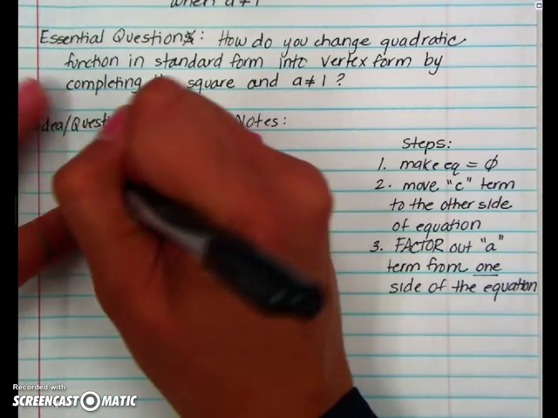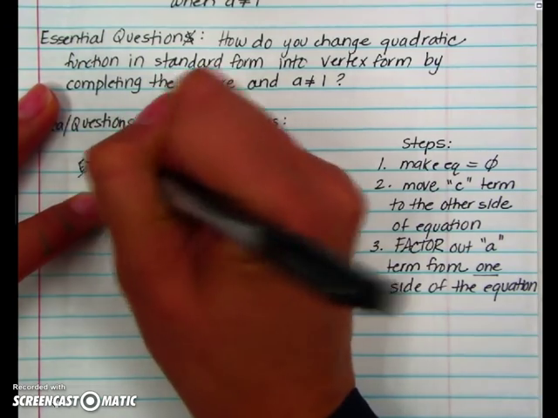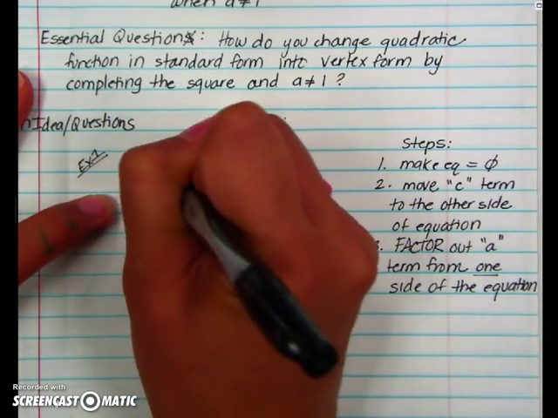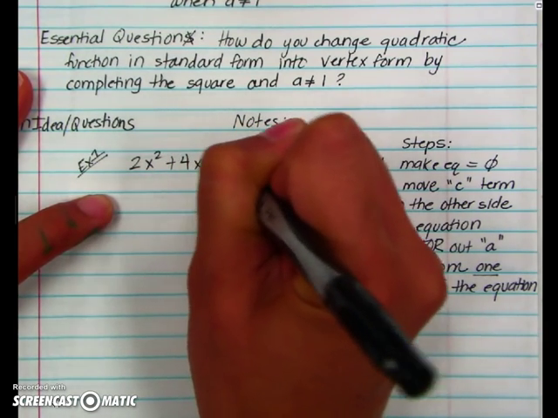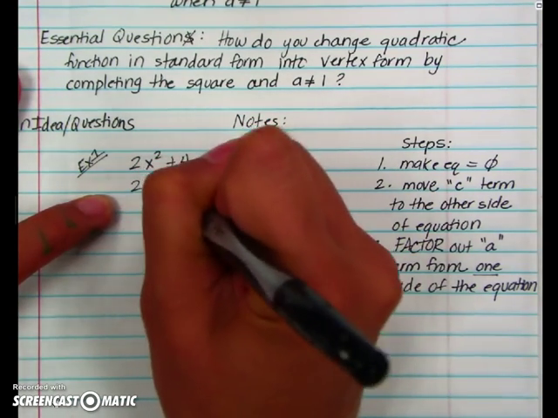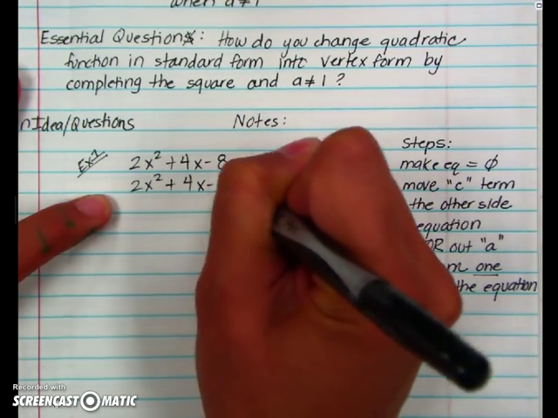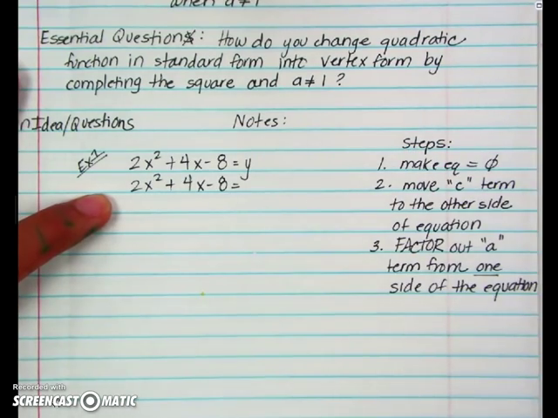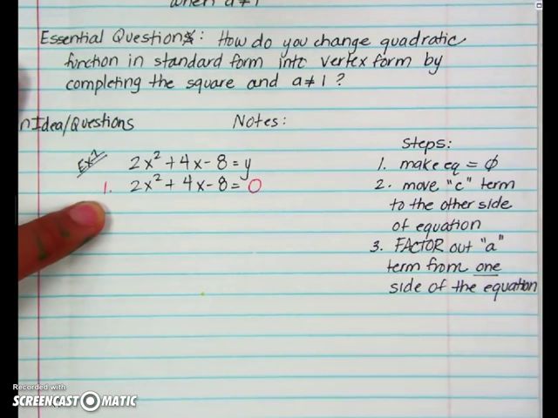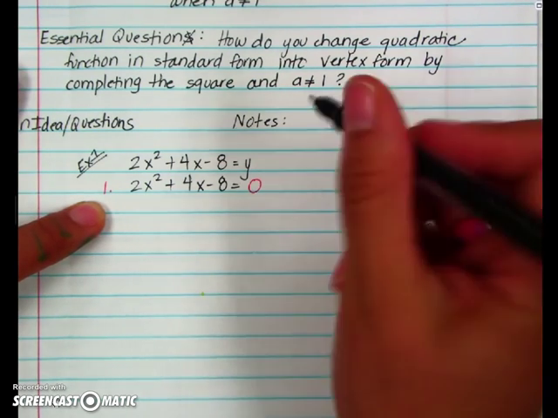So our first example, let's do example 1, says 2x squared plus 4x minus 8 is equal to y. So first step is to make the equation equal to 0. So I'm going to replace my y with 0. So that's step 1. Step 2 is to move the c term to the other side.